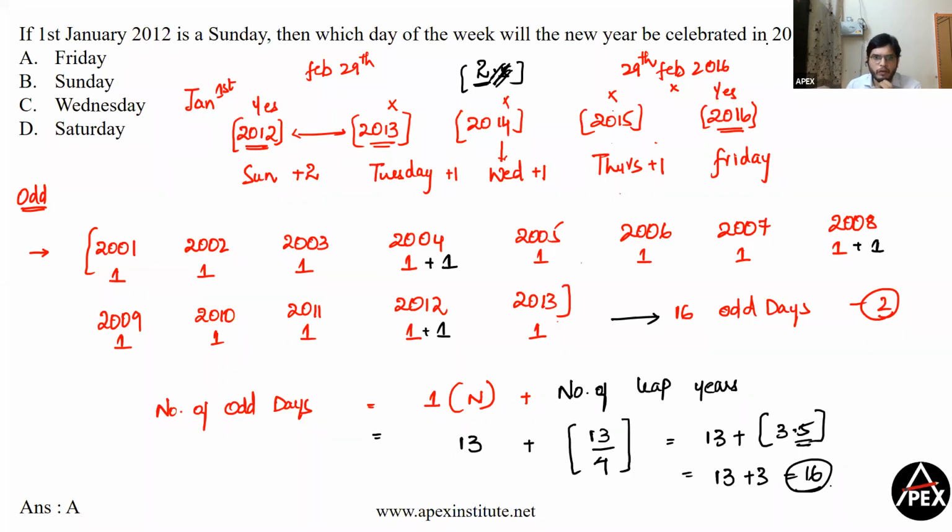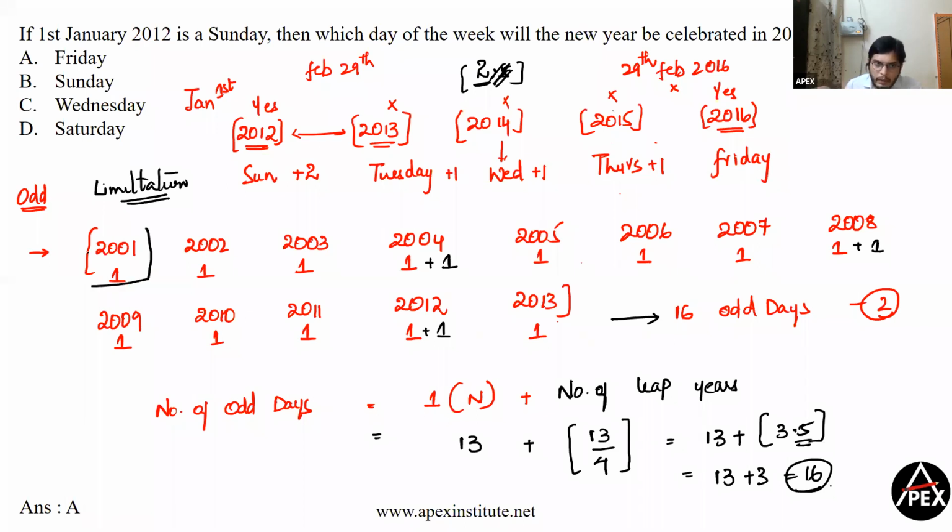If you have a century year also, it will be the same process, but there is only one limitation. If you have a century year in the middle, it is also the same process, but we have one limitation in this question. What is that?